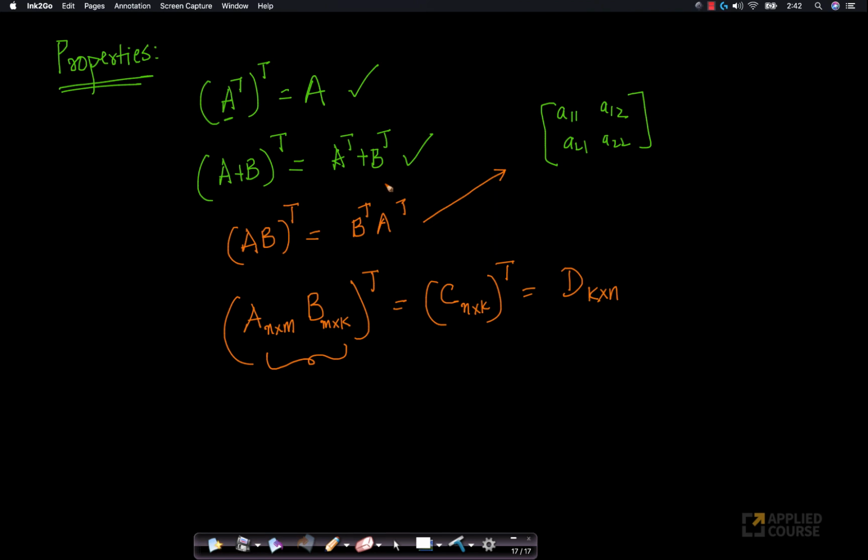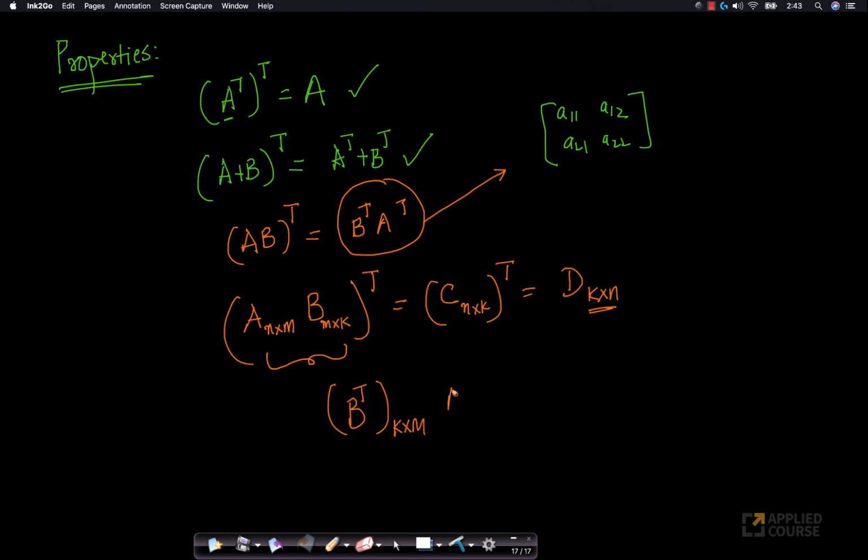Now this is not A transpose B transpose. This is B transpose A transpose, because again we can just argue. I'm not proving it rigorously here, but I'm just trying to give you some intuition based on the order of the matrix itself, the size of the matrix. This is called the order or the size of the matrix. Now, what are the dimensions of B transpose? B transpose is k cross m.